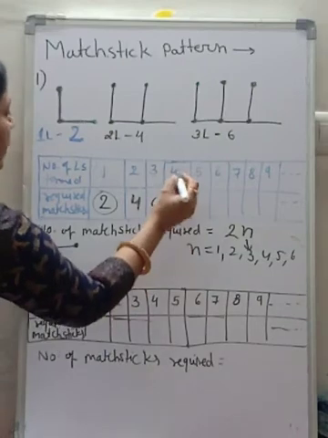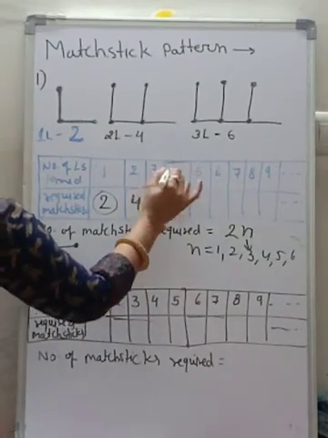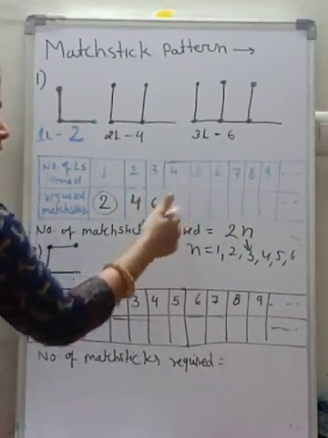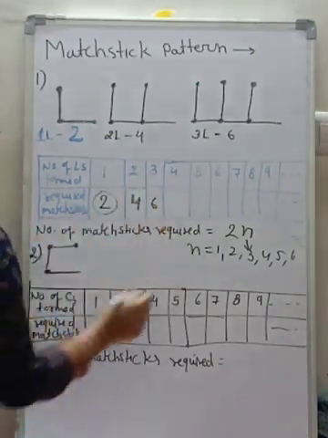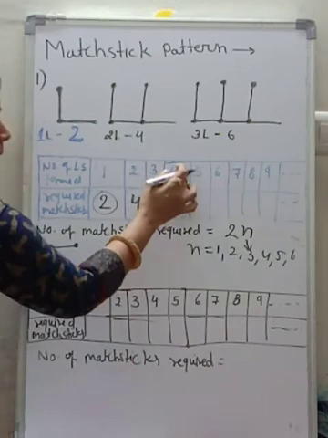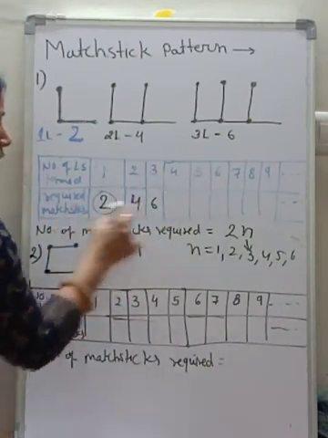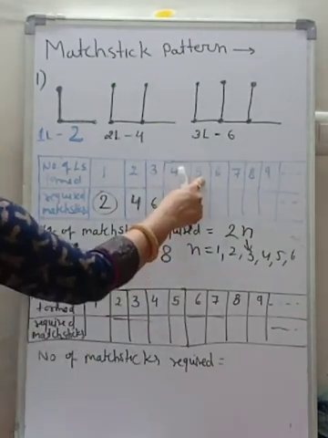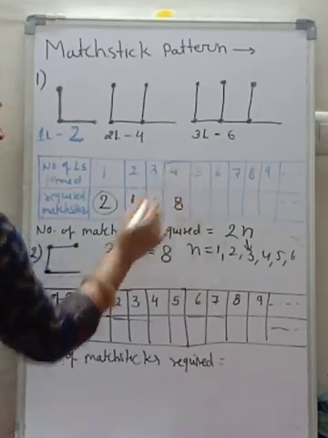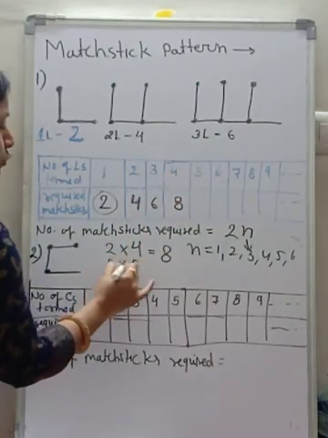Similarly, if you make 4 L's, how many matchsticks are required? 2 into 4 is 8. Now for 5 L's, multiply by 5: 2 fives are 10.